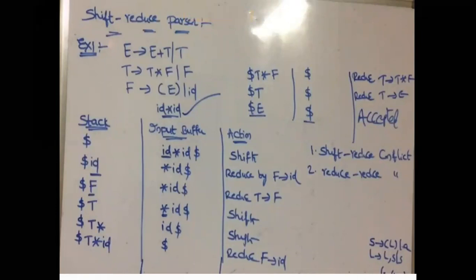The accept configuration is when the stack has dollar followed by the start symbol and the input buffer has dollar. So finally, it has dollar followed by the start symbol, and the input buffer has dollar. Then the action is accept. That means we have constructed the correct parse tree for the given grammar using the shift reduce parser.